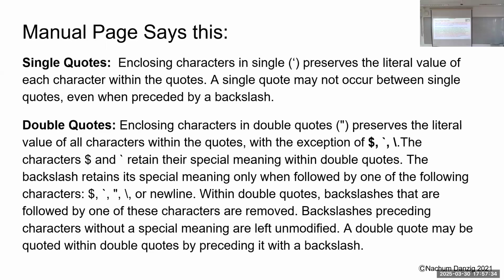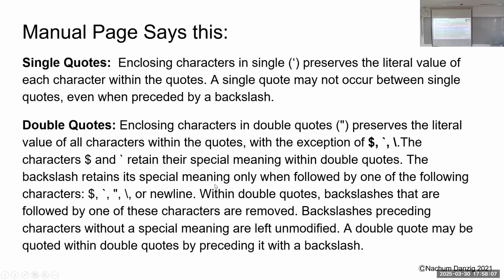So what do double quotes do? Enclosing characters in double quotes preserves the literal value of all characters in the quotes, like A, B, C, D, there's still A, B, C, D. With the exception of dollar: it's not going to print dollar, $A is going to take the value of A. Also with the exception of the single quote and backslash. The characters dollar and single quote retain their special meaning within double quotes.